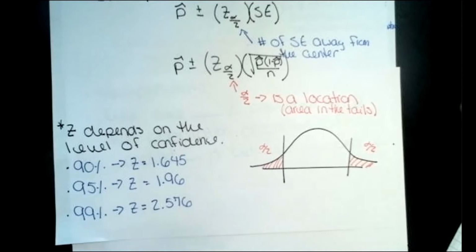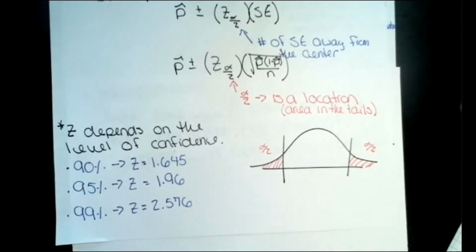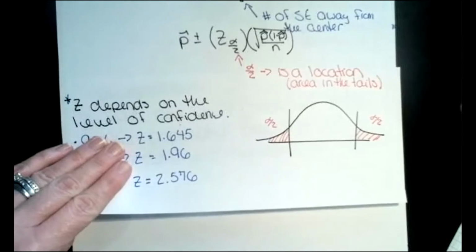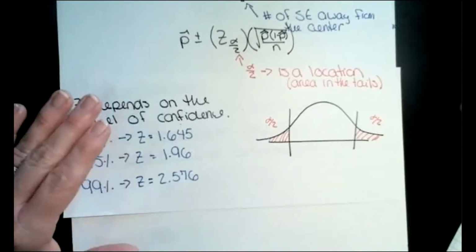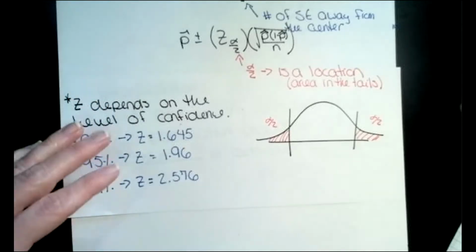Okay, so 90% of those confidence intervals that I built will hold that value of P, that population proportion. Okay, and that's what it is. So it's not a probability. It's not that kind of thing. It's just that 90% of them will have that value of P.